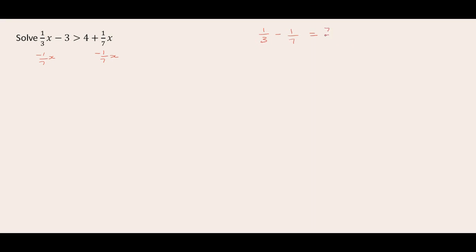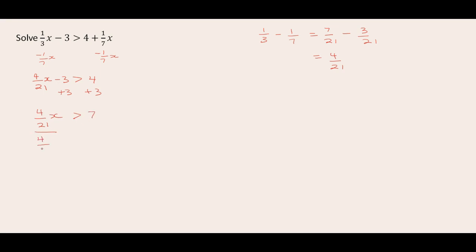So we have 7 over 21 minus 3 over 21. This is going to give us 4 over 21. So we have 4 over 21x minus 3 is greater than 4. You add 3 to both sides. So 4 over 21x is greater than 7.